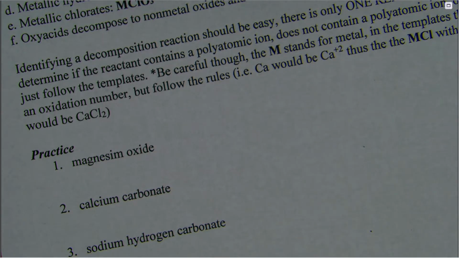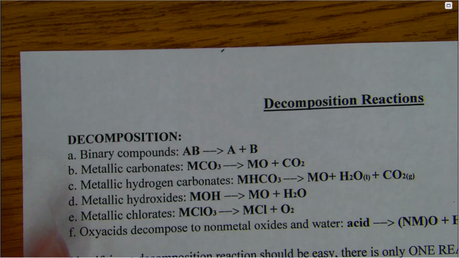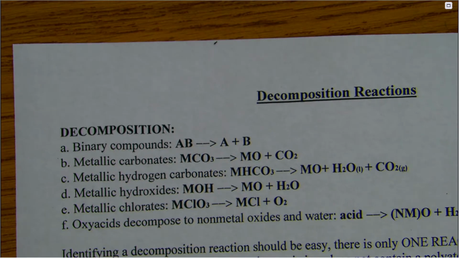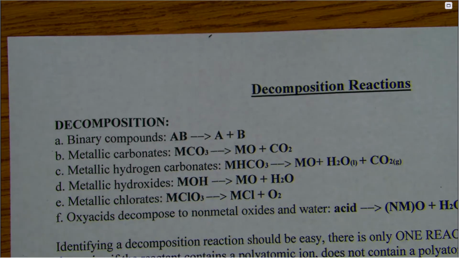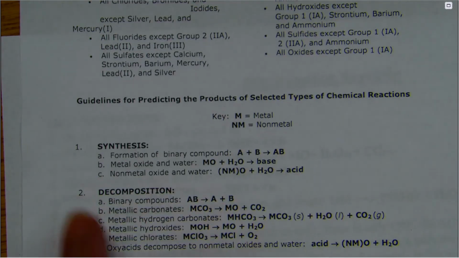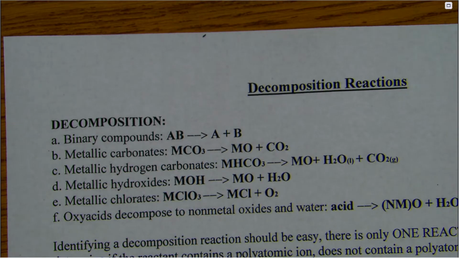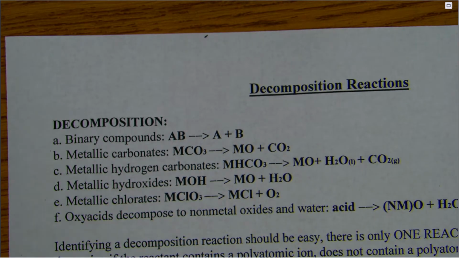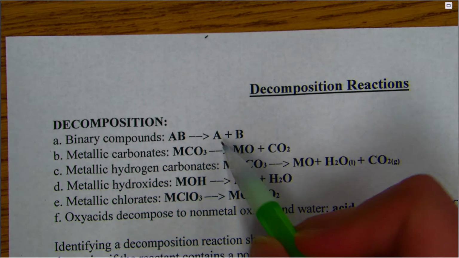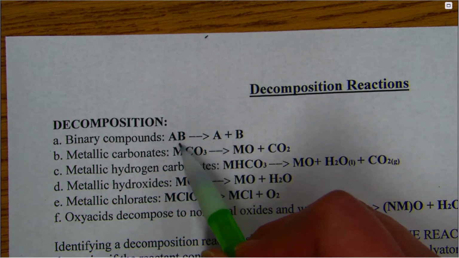So today's lesson is going to be on decomposition. Decomposition is the opposite of synthesis, and decomposition is the second type of reaction on your reference tables. In a synthesis reaction in our previous unit or lesson, you saw that two elements made a binary compound.